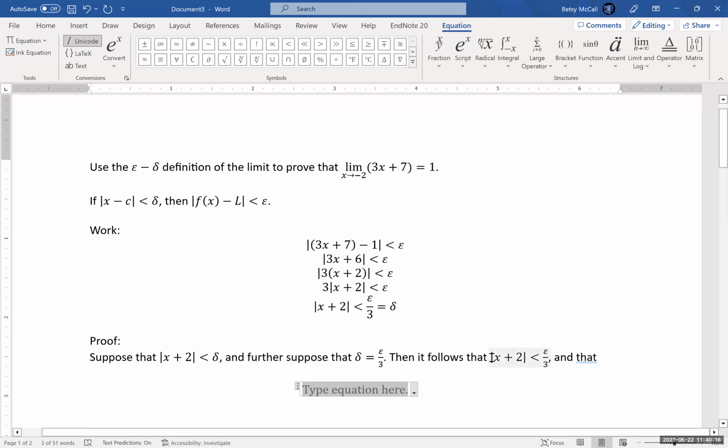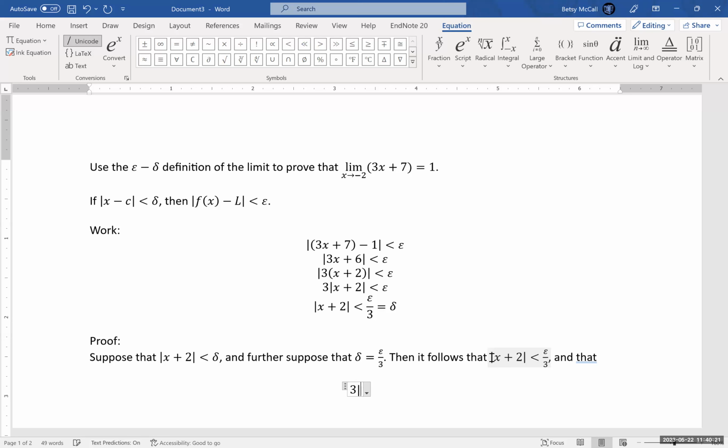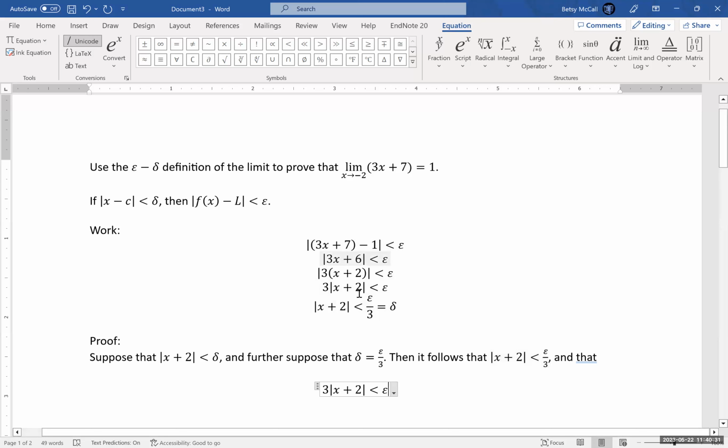we're going to now multiply both sides of the inequality by 3. Basically at this point, we're just reconstructing the analysis that we did earlier, but in the reverse order.